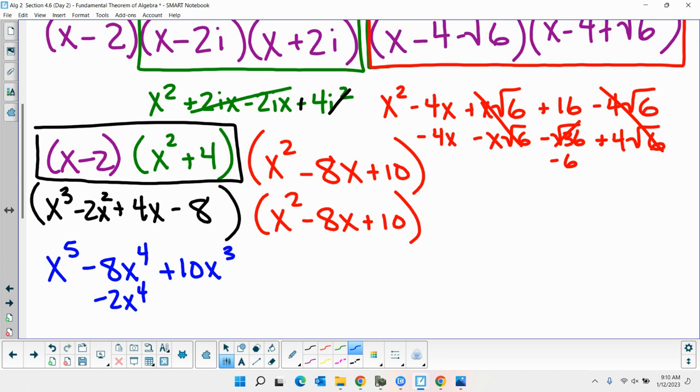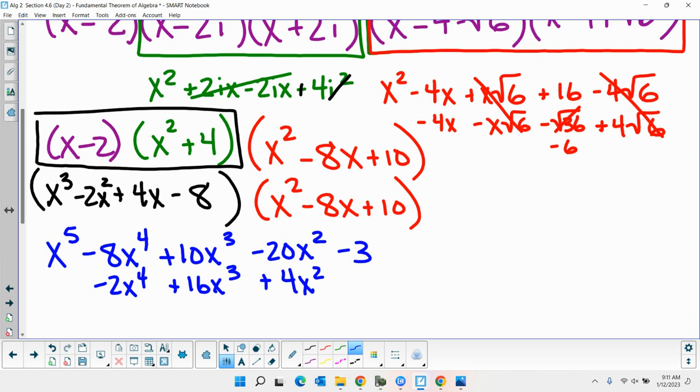Negative 2x squared times negative 8x is positive 16x cubed. Negative 2x squared times 10 is negative 20x squared. 4x times x squared is positive 4x squared.